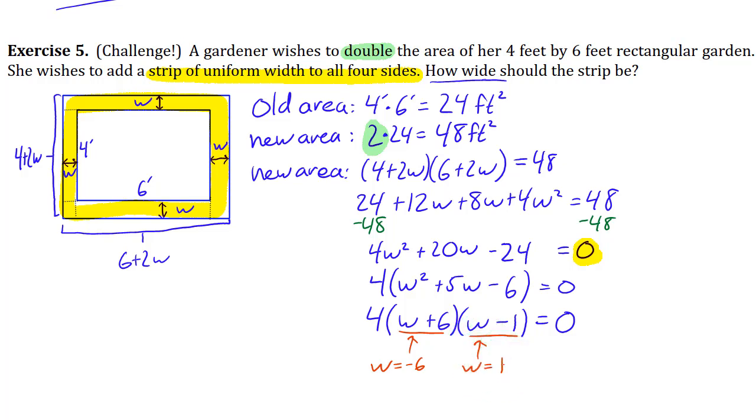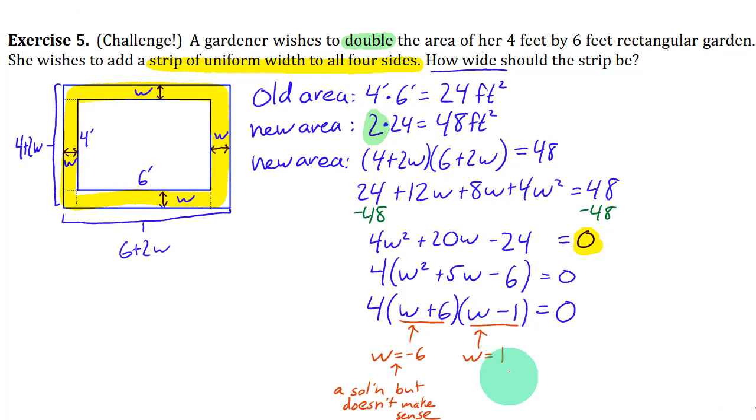Now, if W is negative 6, that doesn't really make sense. It is a solution of this equation, but you can't have a strip of garden that is negative 6 feet wide. You can have a strip of garden that's 1 foot wide. So this is the solution that makes sense here.